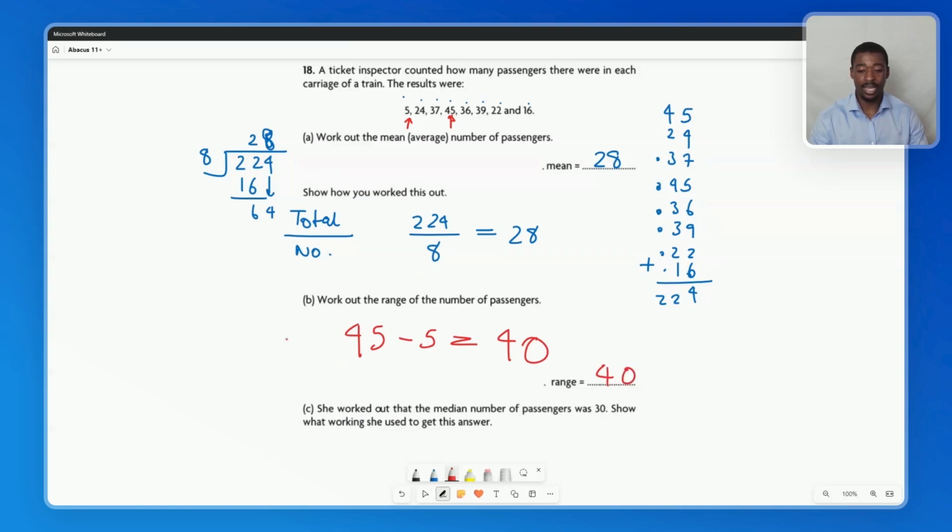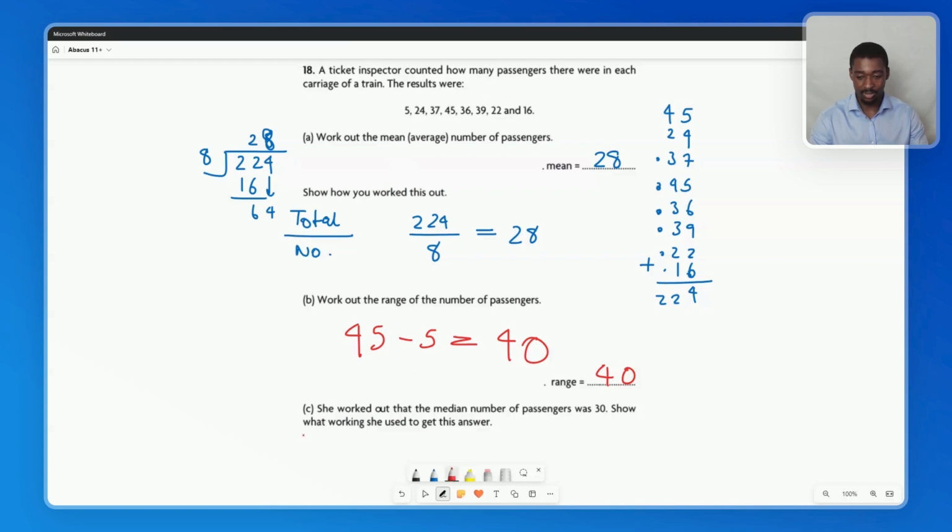And now for part C, we have, she worked out that the median number of passengers was 30. Show what working she used to get this answer. So we need to understand how to work out the median. And the main thing with the median that most people get wrong, the number one silly mistake, is forgetting to order the numbers. We have to order the numbers.